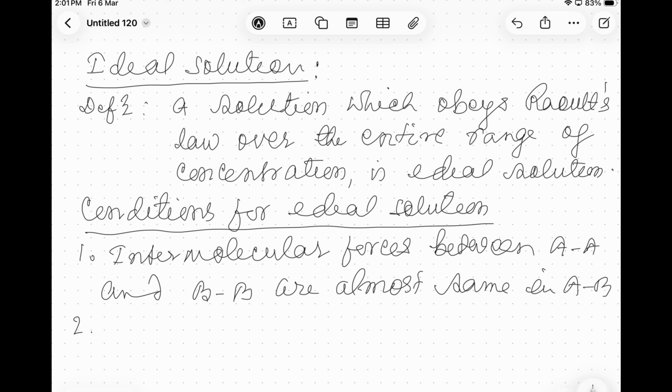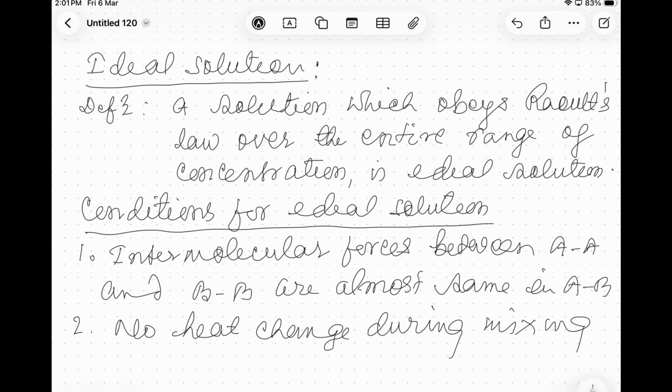Number two, no heat change taking place during mixing of AB. That means delta H mixing should be equal to 0. Neither heat absorb nor heat evolve.